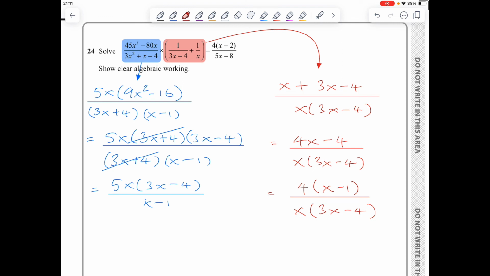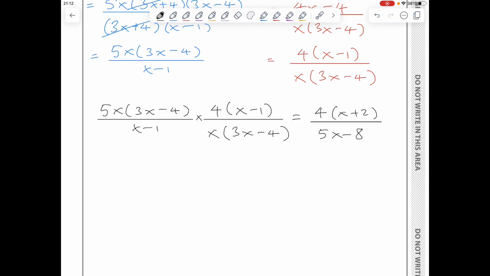So now blue expression times the red expression is equal to the left-hand side of the equation. There's a lot of simplifying on the left-hand side. I can simplify the x with the x. I can simplify the 3x minus 4 with the 3x minus 4.